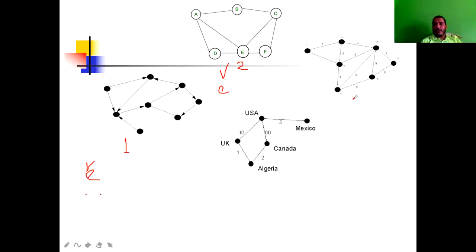Similarly, for figure 3 also do the same thing. And this is your figure 4. Do this part and we will see in the next class. Okay, bye.